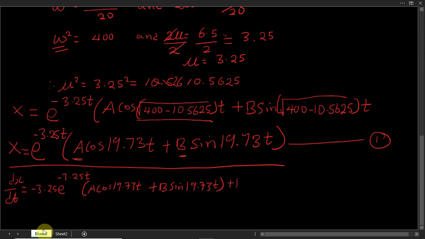then plus 19.73 e raised to the power negative 3.25t multiplying negative a sine of 19.73t, then plus b cos of 19.73t.